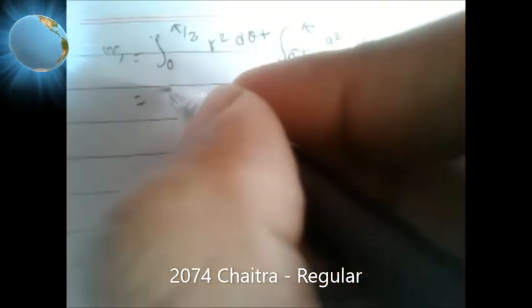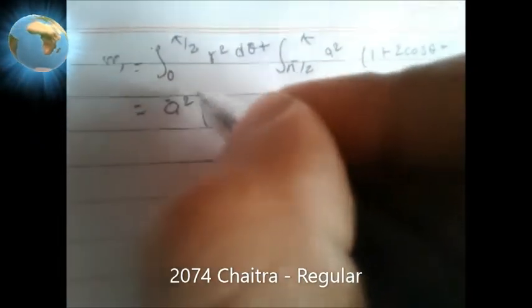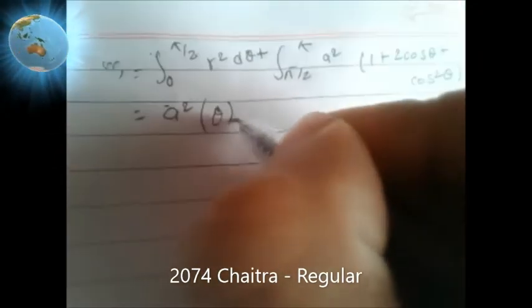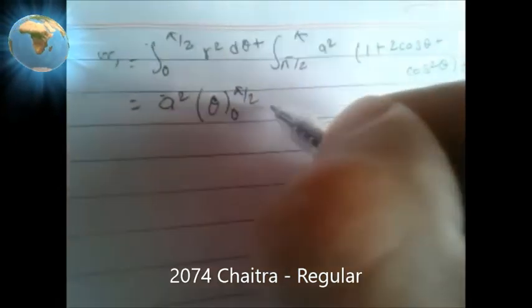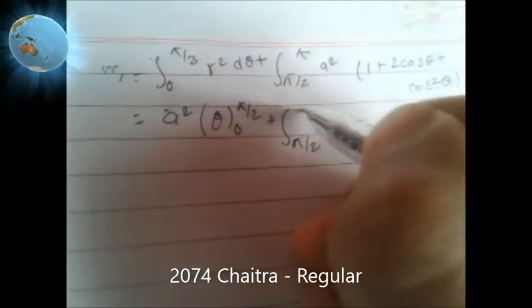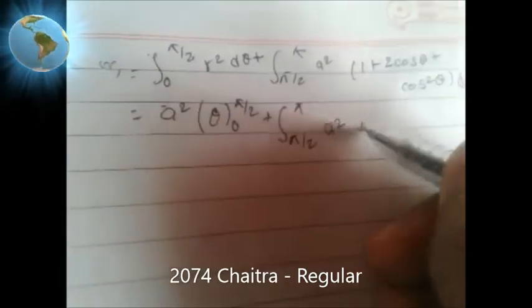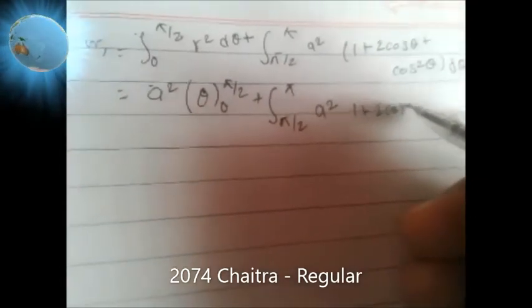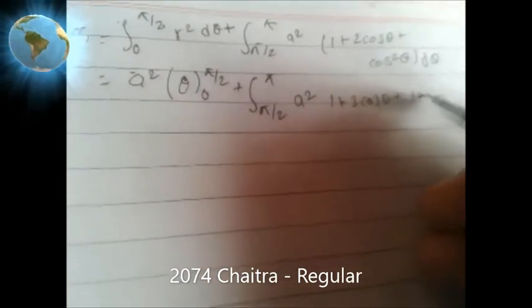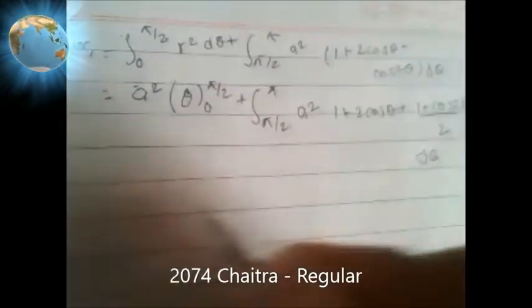We directly integrate this, it becomes theta from 0 to pi by 2, plus pi by 2 to pi a square (1 plus 2 cos theta, and change cos square theta to (1 plus cos 2 theta) by 2) d theta.